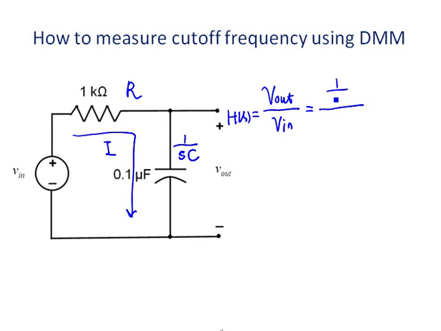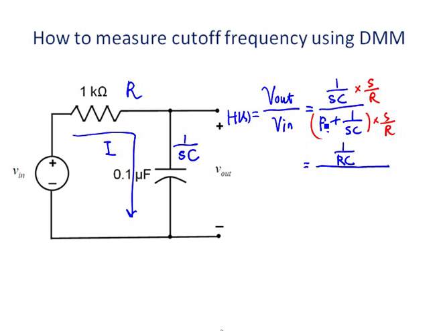The voltage across the capacitor over the source voltage should be the impedance of the capacitor over the total impedance in the circuit. So the numerator and denominator are multiplied by S to get rid of the S in the denominator, and divided by R. So we get the numerator is 1 over RC.